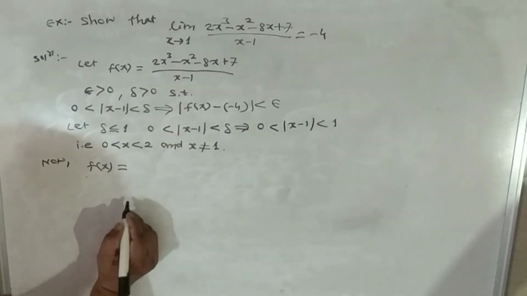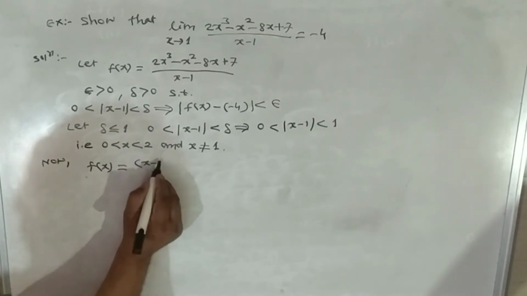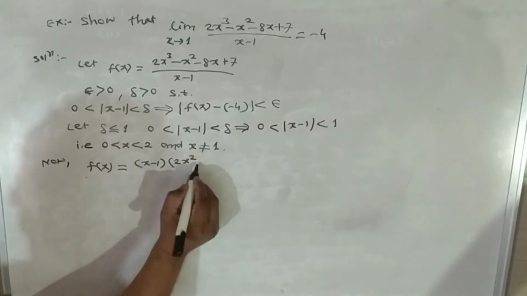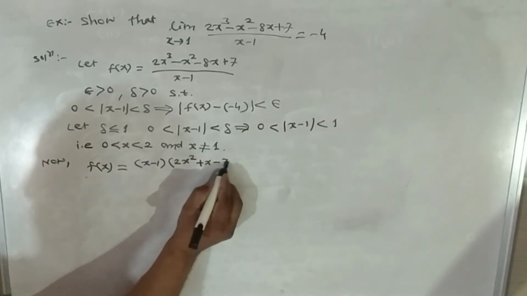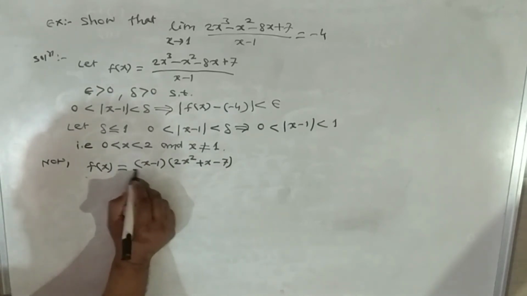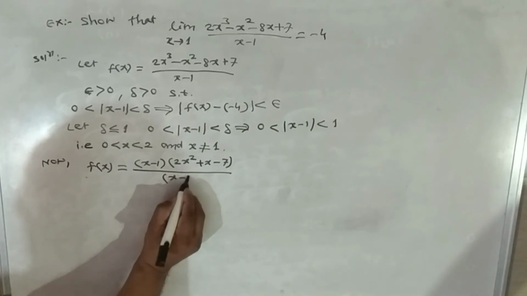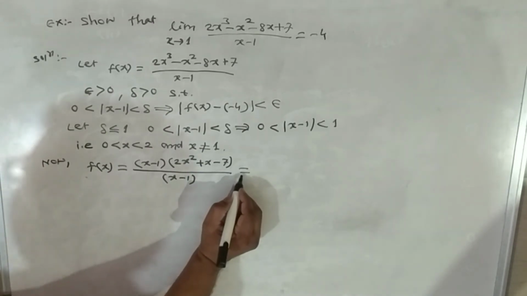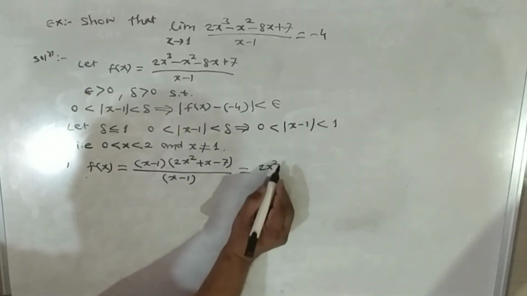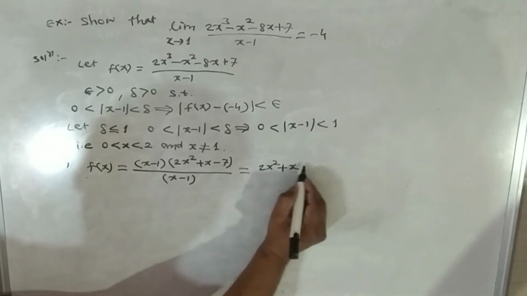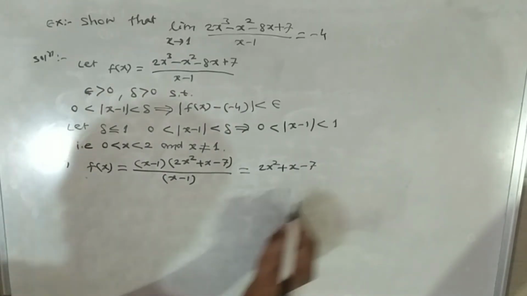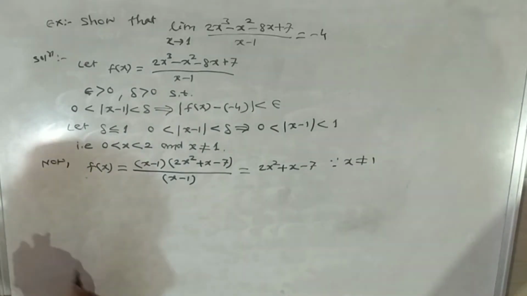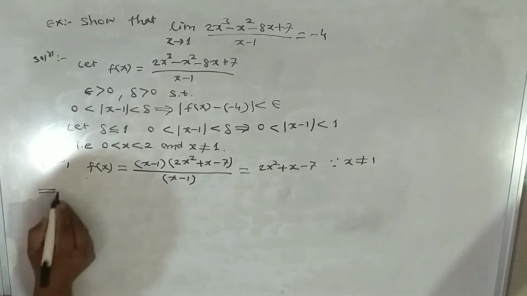Factors of this polynomial are x minus 1 into 2x square plus x minus 7, divided by x minus 1, and this is equal to 2x square plus x minus 7 if x is not equal to 1.